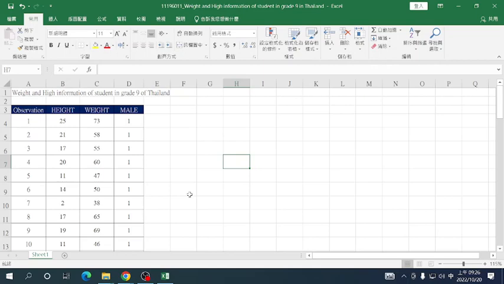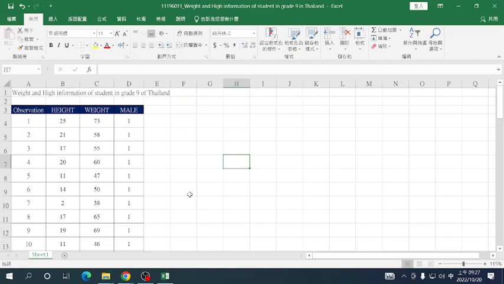Good morning, everyone. Today I will present assignment 2 of regression analysis. The data that I got is from Thailand. I contacted my friend, who is a teacher in a school in Thailand.